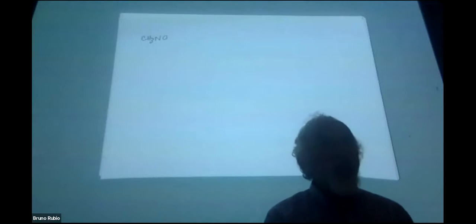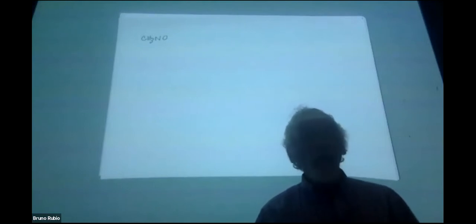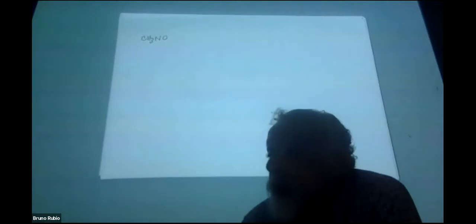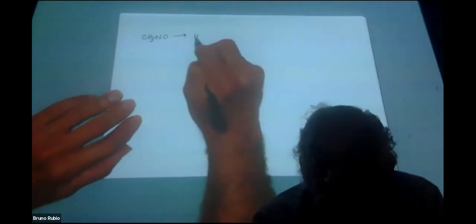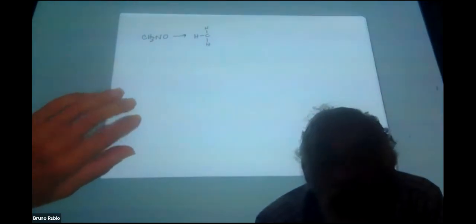Now we're predicting hybridization state based on the number of atoms and the number of unshared pairs of electrons. So probably what you want to do is draw the Lewis structure on a piece of paper, or maybe if you can imagine it. Okay, so in the Lewis structure the carbon atom is bonded to 3 hydrogens.